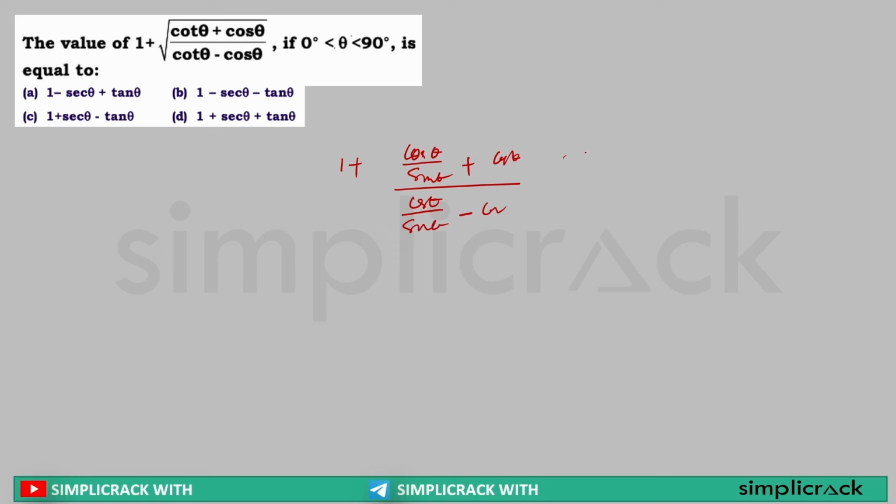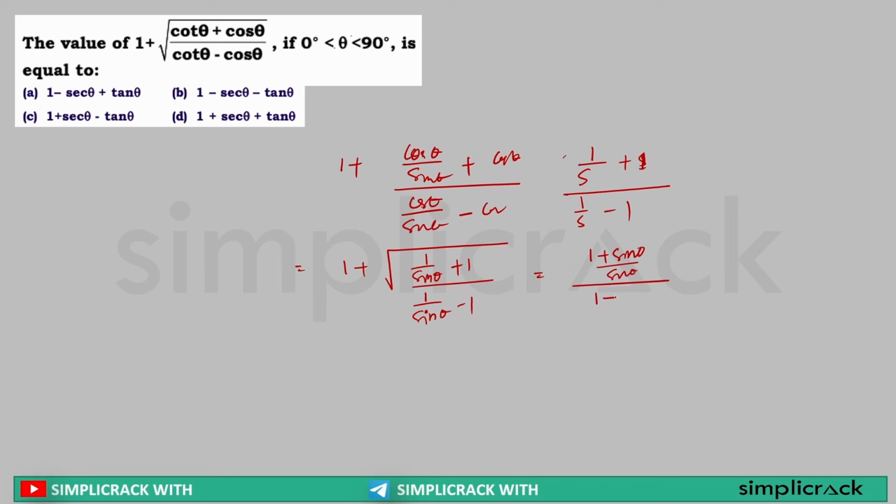So on the upper part cos is taken out. What is remaining? 1 by sin theta plus 1, divided by, here cos is taken out, 1 by sin theta minus 1, because cos will cross out. So this whole thing is 1 plus the square root of (1 by sin theta plus 1) divided by (1 by sin theta minus 1). So this can be written as (1 plus sin theta) by sin theta divided by (1 minus sin theta) by sin theta. Sin theta crossed out, square root there.